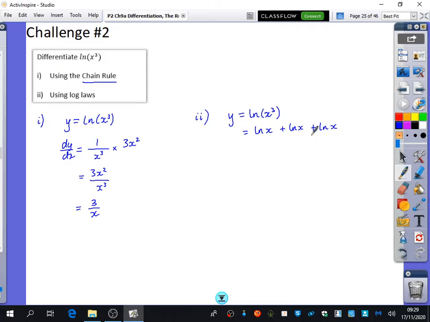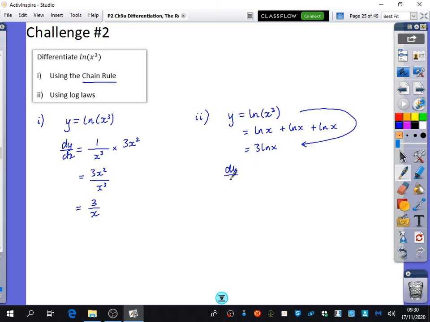But there was probably a quicker way that we could have done this, because this is 3 ln x, right? Because you've got 3 ln x's being added here. But I think you probably could have gone from that line to that line by pulling the power down from x cubed to the front. But actually, it's kind of nice that Shahan did it in that way, because we're seeing why that rule is actually true, that you're breaking it into those 3 bits being added together. So that's kind of cool.